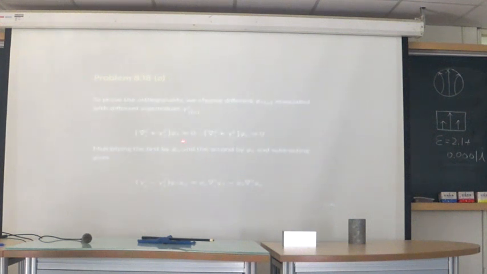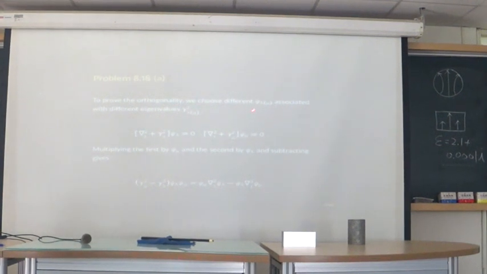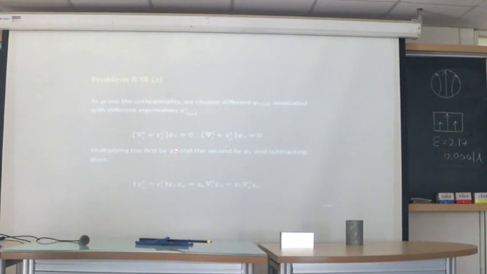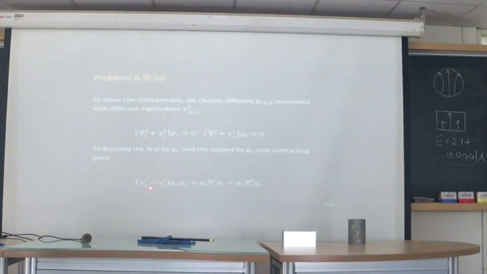So if you want to prove the orthogonality relation, we first choose different psi associated with different eigenvalues gamma, and they both satisfy the wave equation. We multiply the first by psi mu, the second by psi lambda, and subtract these two equations, which gives gamma mu squared minus gamma lambda squared equal to some formula like the Green's identity that we can use.